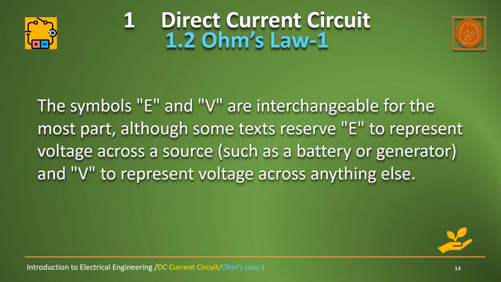Also, some texts reserve E to represent voltage across a source, such as a battery or generator, and V to represent voltage across everything else.